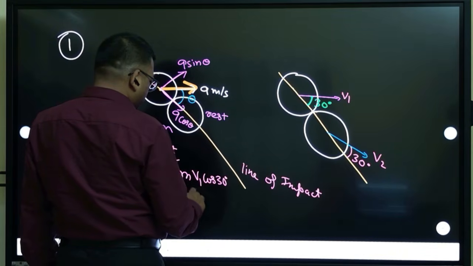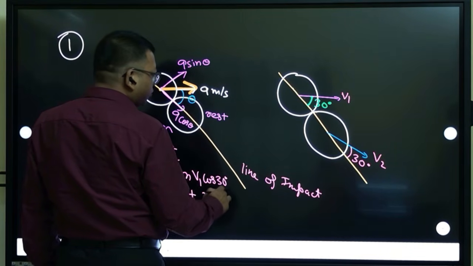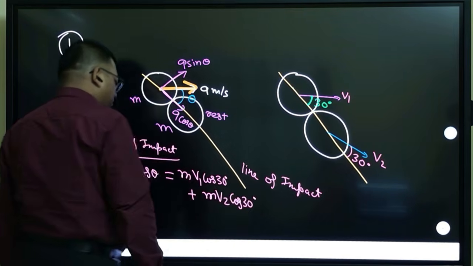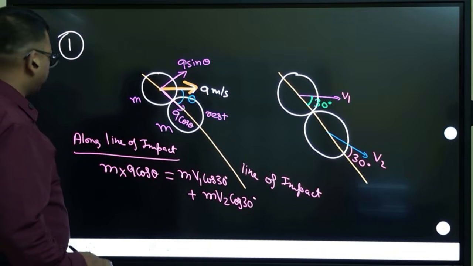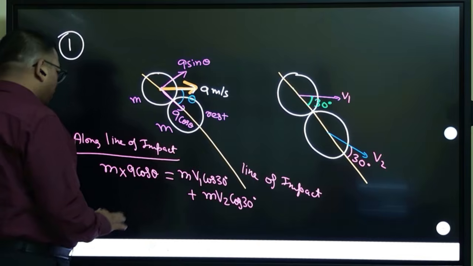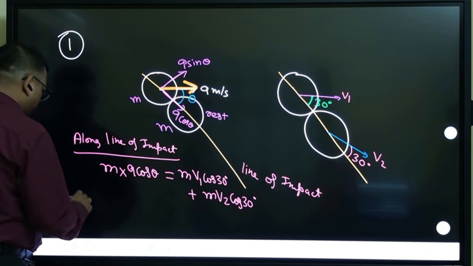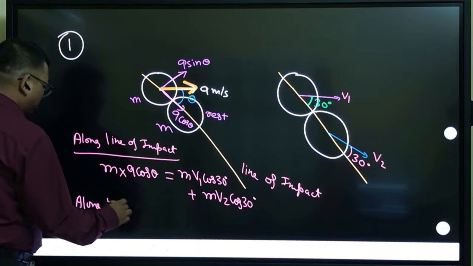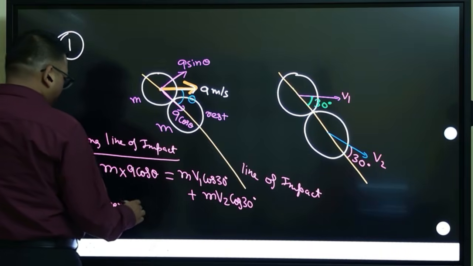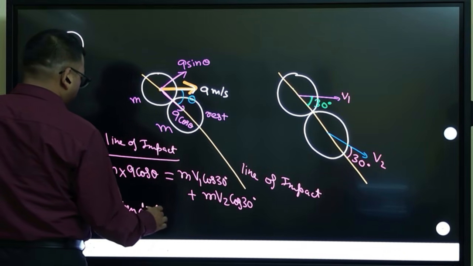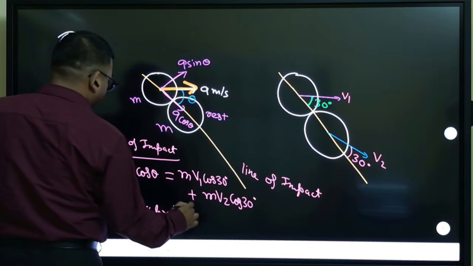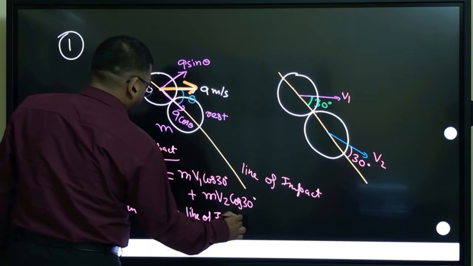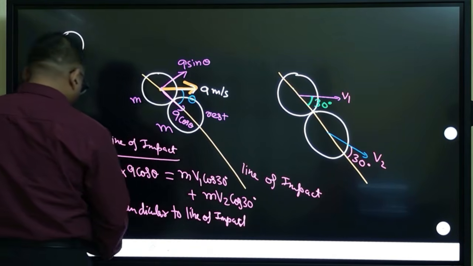And second, plus m v2, this also cos 30 degree. Okay, let us write it like this. And perpendicular also you apply, along perpendicular to the line of impact. What we need to calculate?